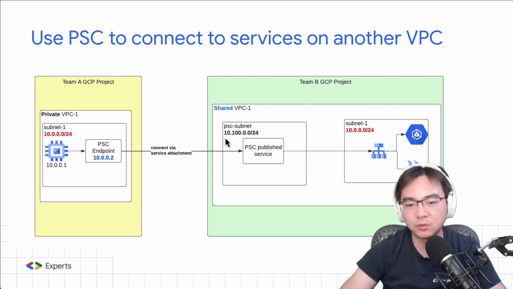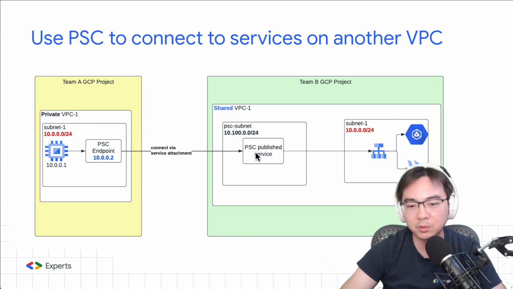So in this case, you've got 10.100.0.0/24. So this subnet range is dedicated for the PSC, right? It's not used by anything else. And within this subnet, you can publish your service, right? When you publish your service, you need to choose an internal load balancer endpoint.